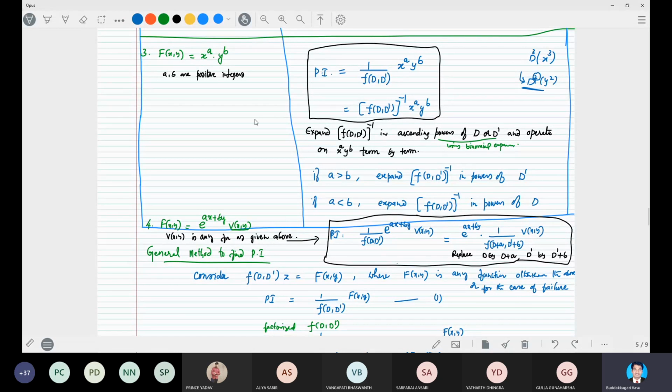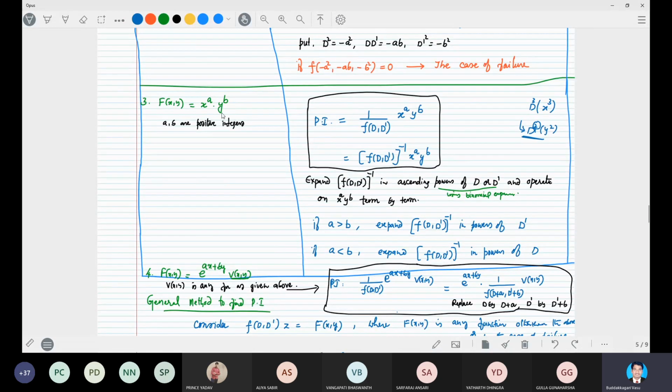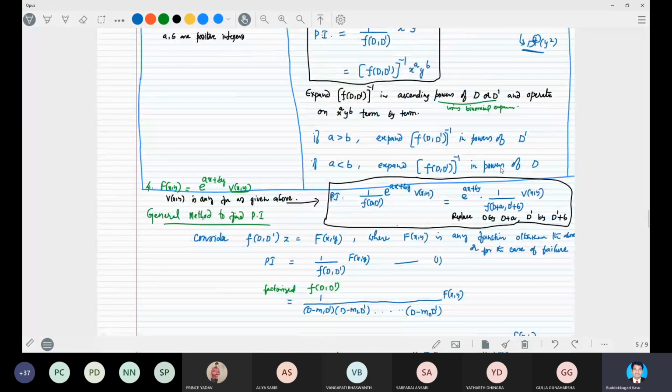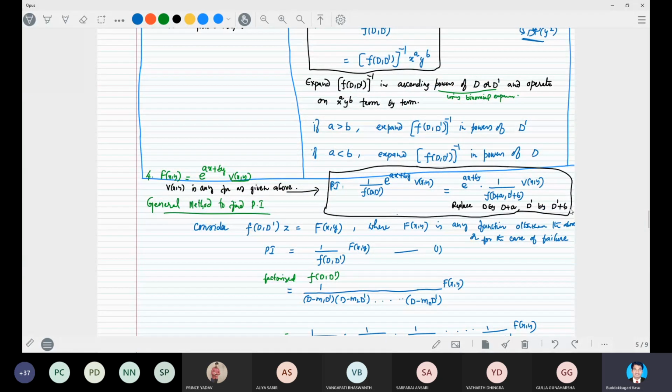It is only a single function that we have, like x power a y power b or sine of ax plus by or whatever it is, right? So like that we can find it.